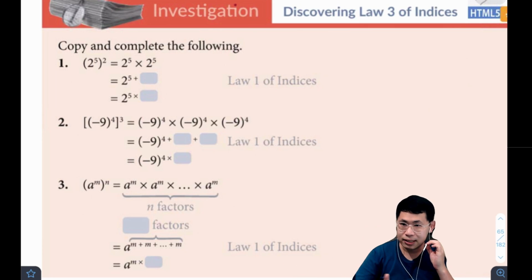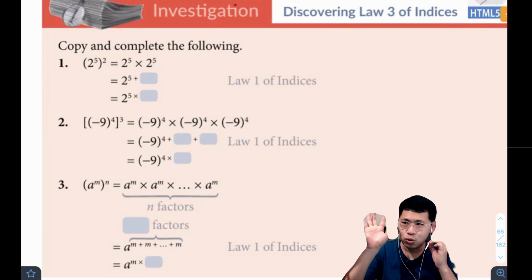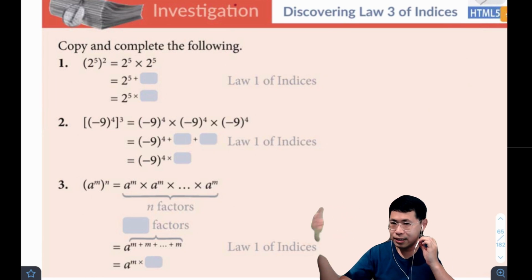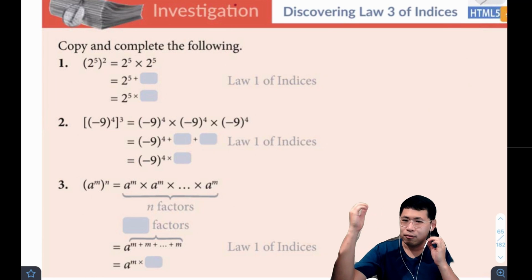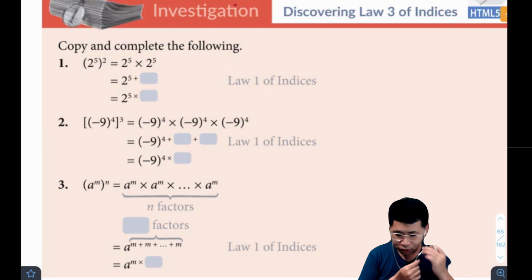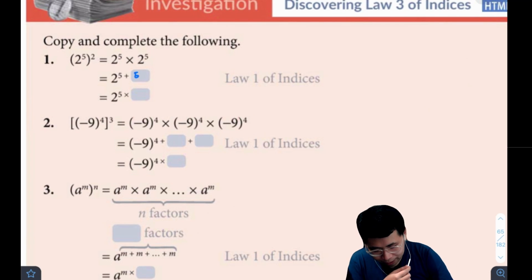If you use law 1, because we have the same base, 5 plus 5 will give you 10.